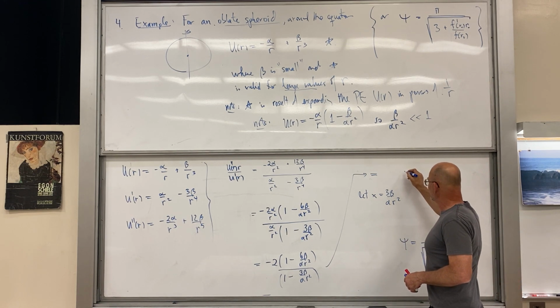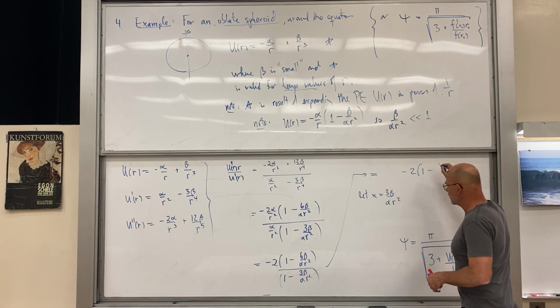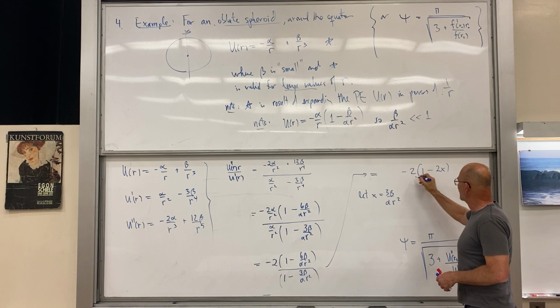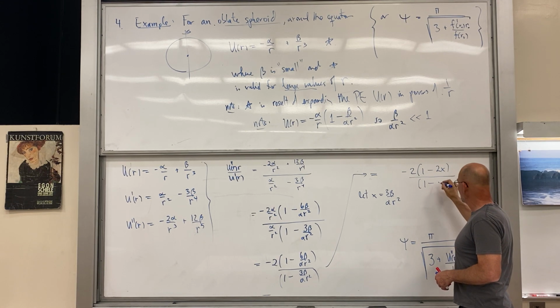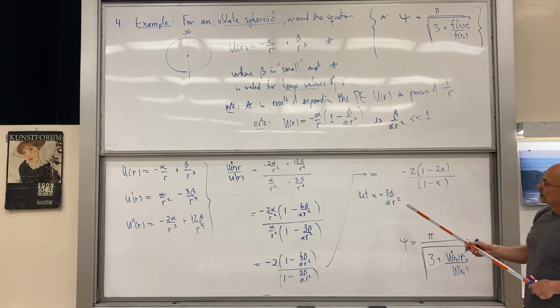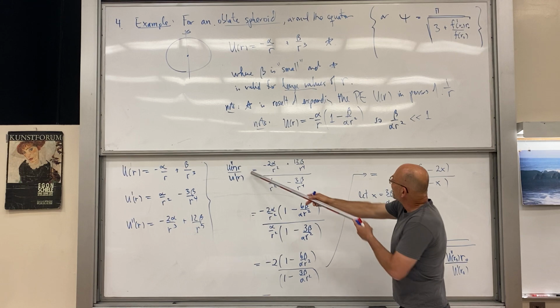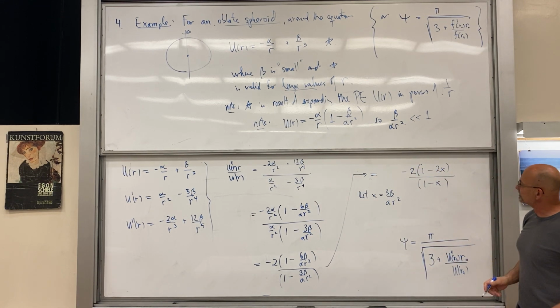So we're going to have minus 2 times 1 minus 2x, divided by 1 minus x. So that was this thing right here. Now we want to form this expression.